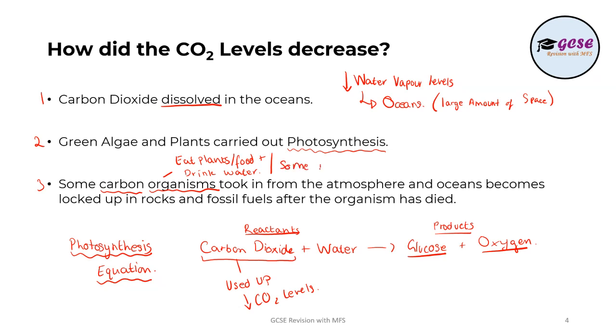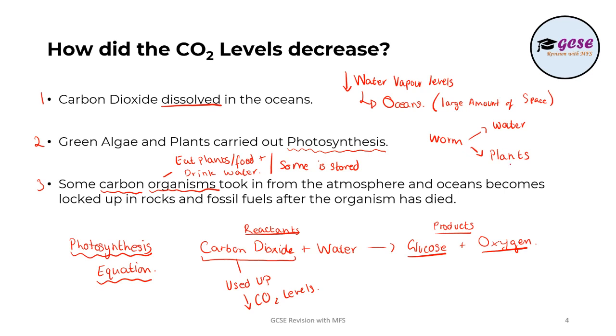Because some of it is stored, when the organism dies and it's locked up in rocks and turns into a fossil fuel, the carbon is still trapped inside the organism. So let's say we had a decomposer, let's say a worm. A worm would drink water and eat some plants.